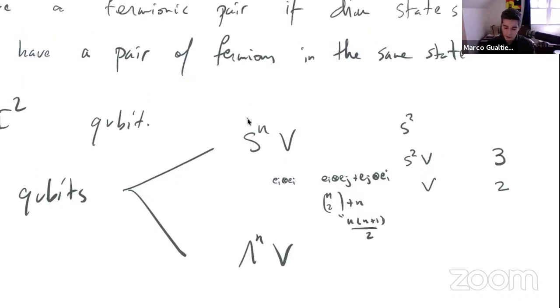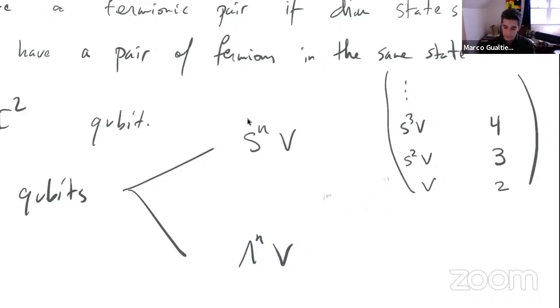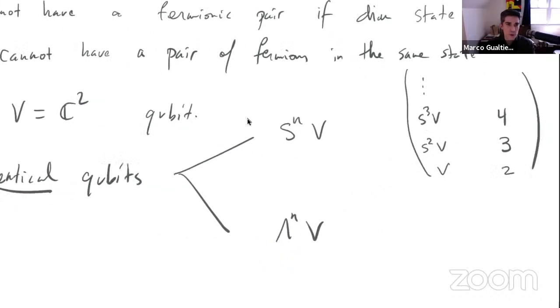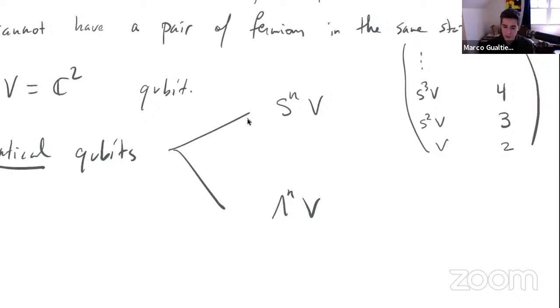And if you take S^3 V, this would be 4, and so on. I'm just counting symmetric combinations of the basis elements. So if you wanted 3 identical qubits, that means that your state space would actually be 4-dimensional if the qubits were bosons.